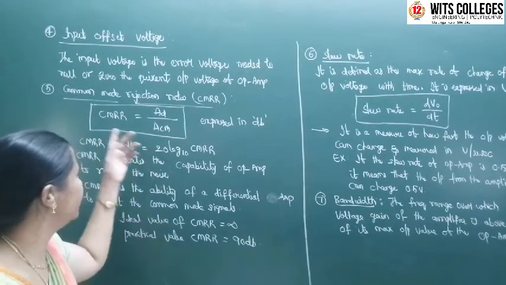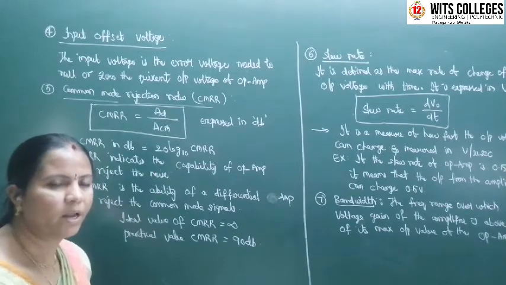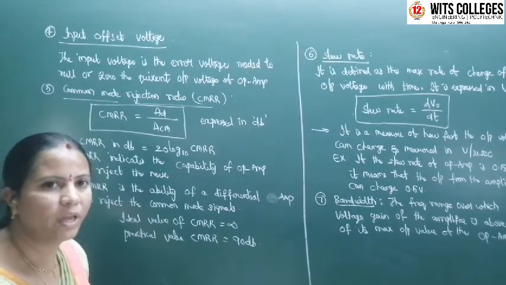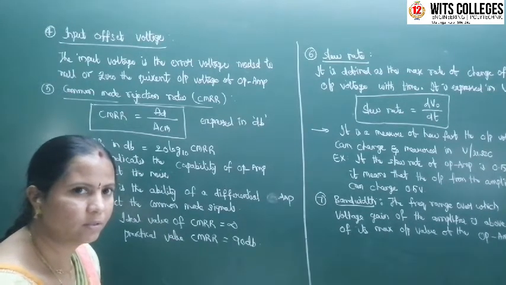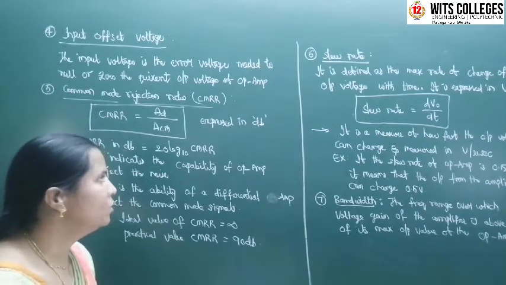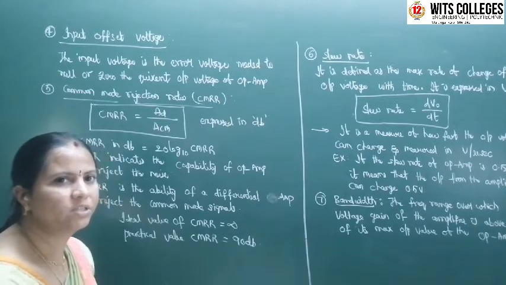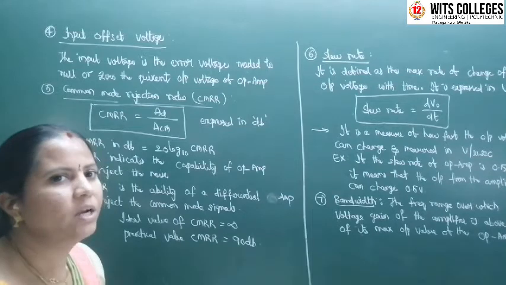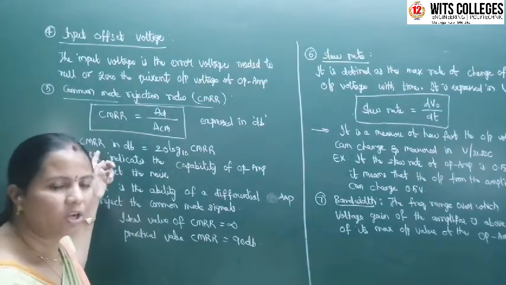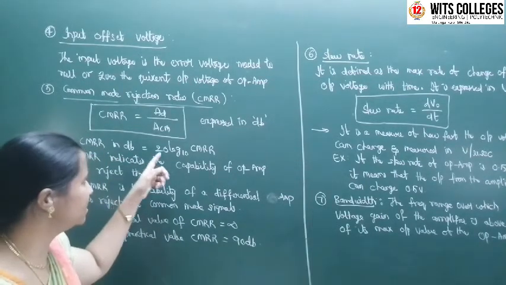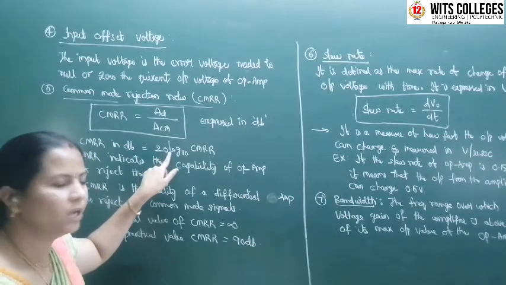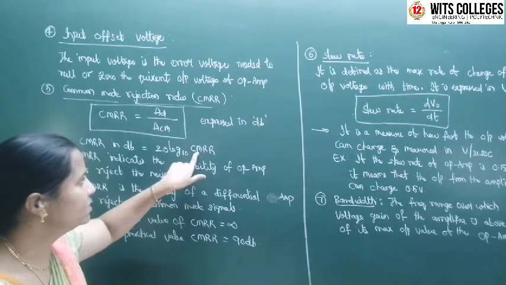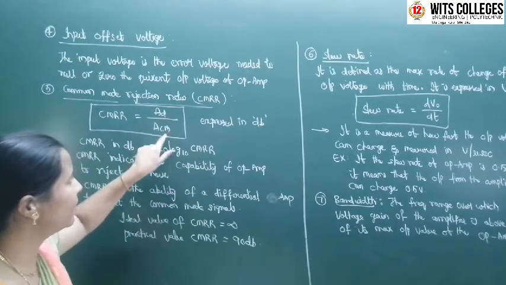The common mode rejection ratio is always expressed in decibels. CMRR in decibels is equal to 20 log to base 10 of CMRR, where CMRR means AD by ACM.